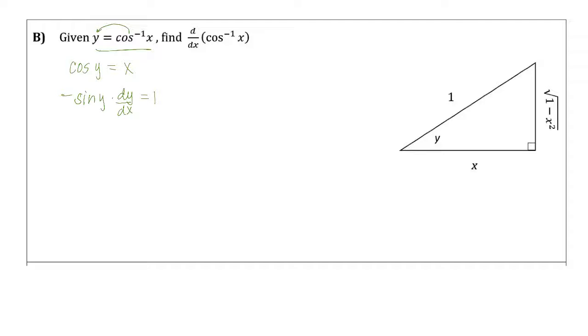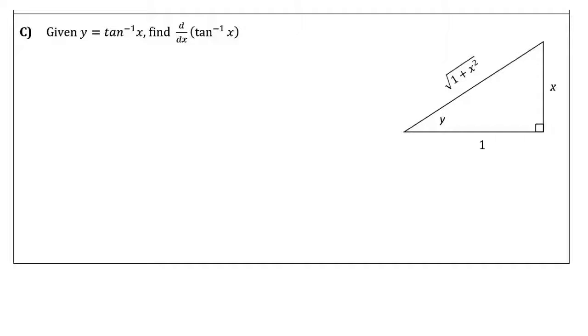Then we can divide over, so we have dy dx equals 1 over negative sine of y. Pulling the sine of y over to the other side, here we've got that negative, so negative 1 over the square root of 1 minus x squared.